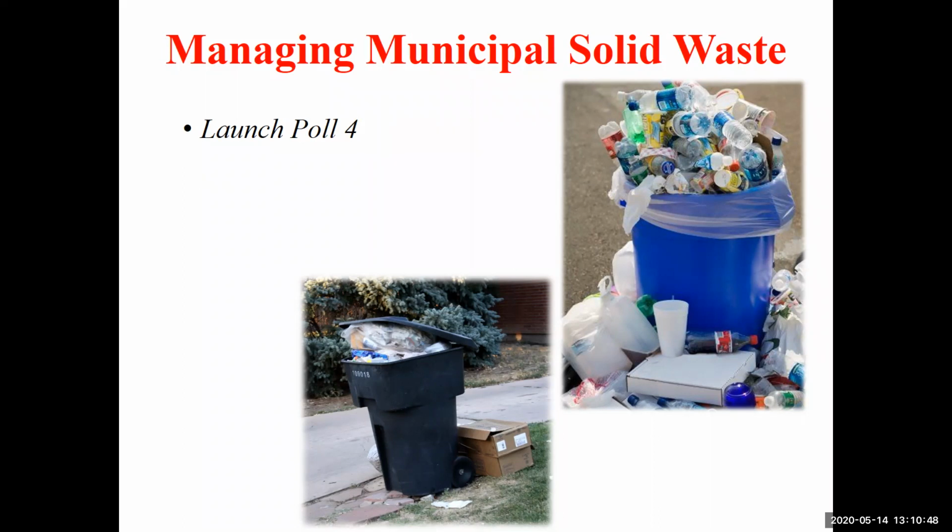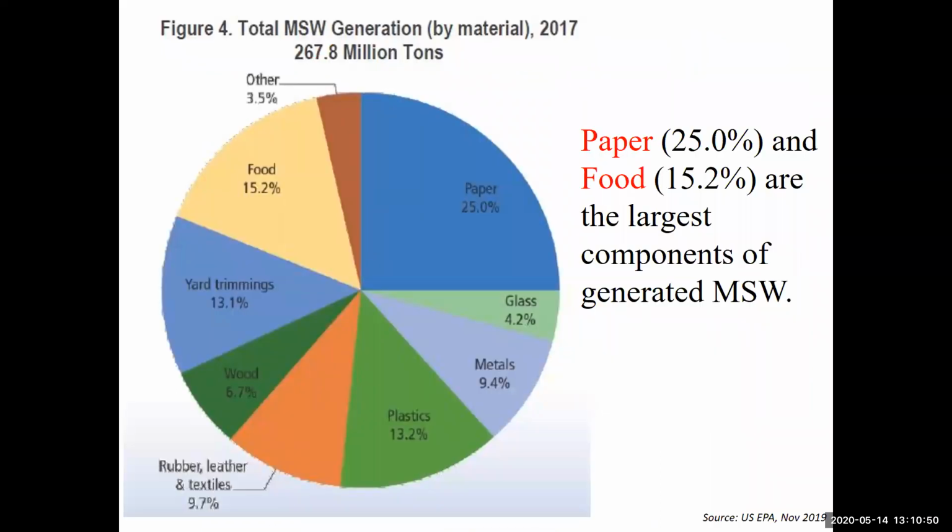Remember, we said there were 268 million tons of municipal solid waste generated in 2017. This pie chart gives us a breakdown by material, and we can see that the biggest component of the municipal solid waste stream was paper at 25%, followed by food at 15.2%.